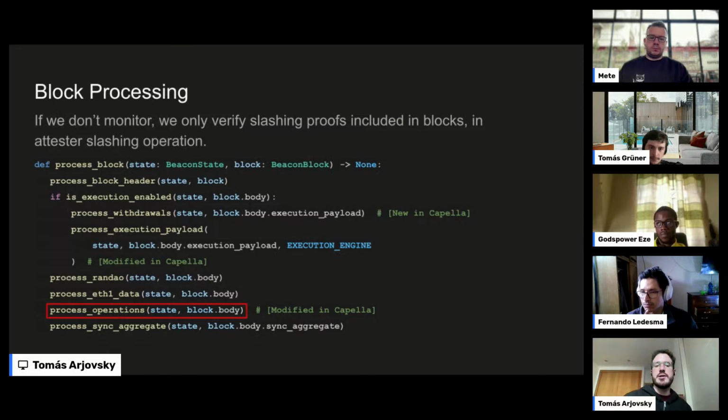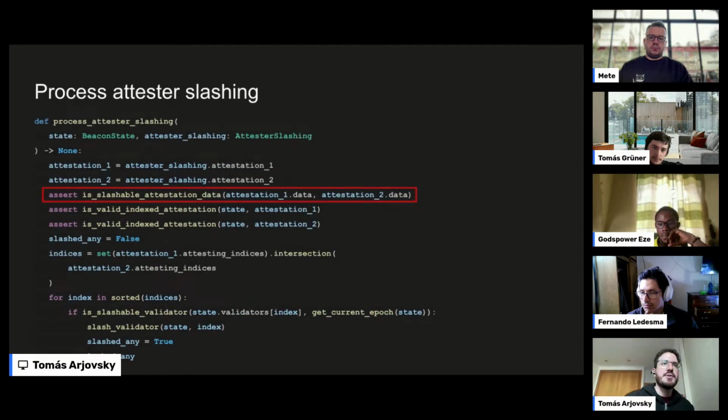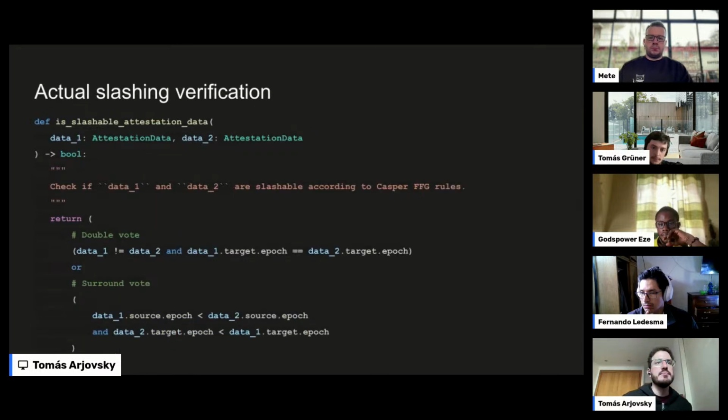For now, we are not putting ourselves in the position of a validator that monitors and generates slashing proofs. We're only processing slashing proofs that were included in blocks. So it happens in this part, which says is slashable attestation data. And what this does is literally what we talked about last time.